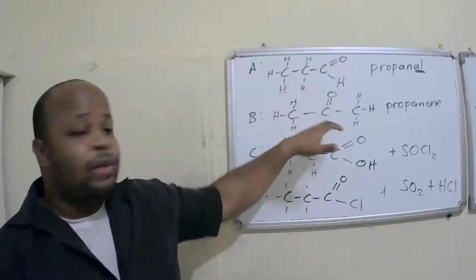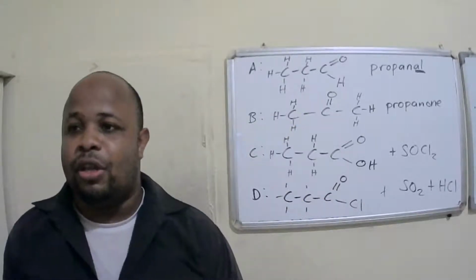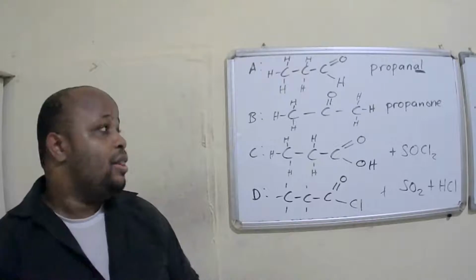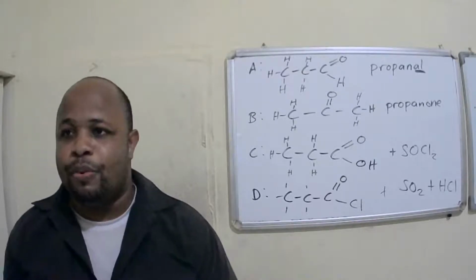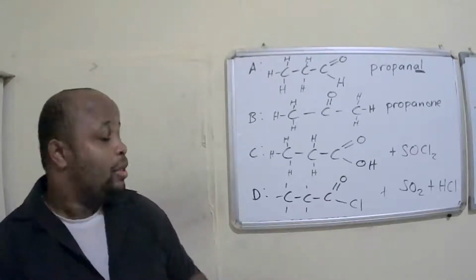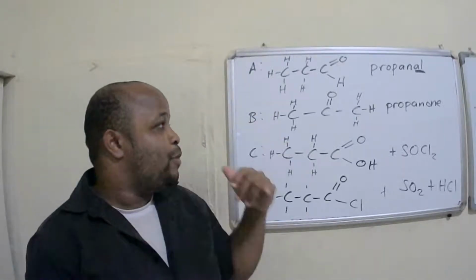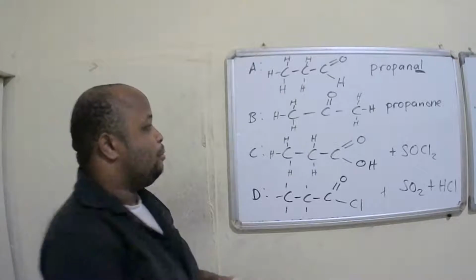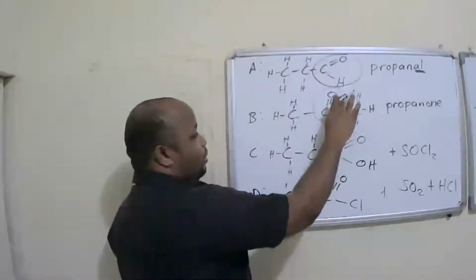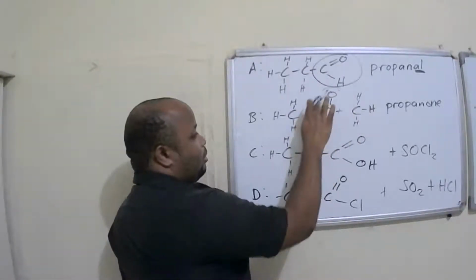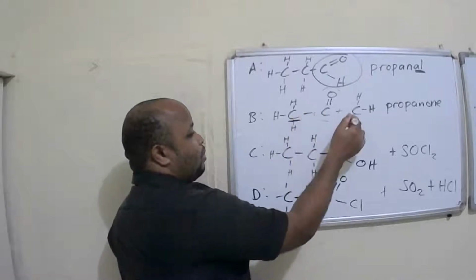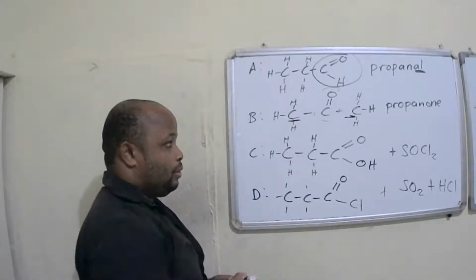If the molecular formula is the same and the functional group is different, then it's functional group isomerism. Between compounds A and B, one of them has an oxygen with two carbons attached to it.